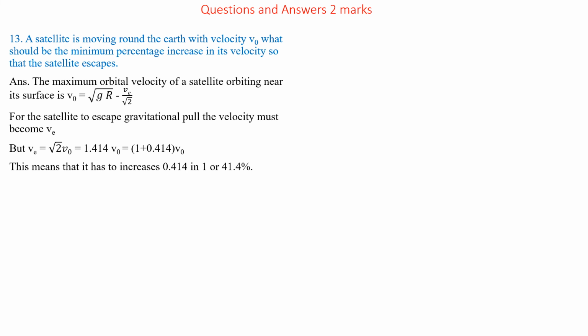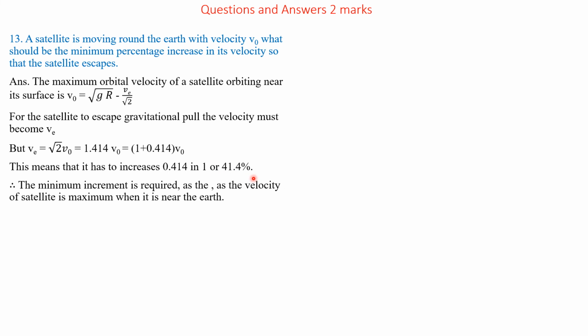So that means it has to increase by 0.414 in 1, or 41.4%. The minimum increment is required as the velocity of the satellite is maximum when it is nearer the Earth.